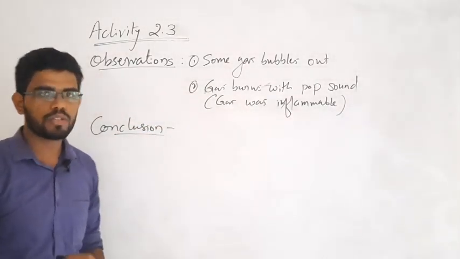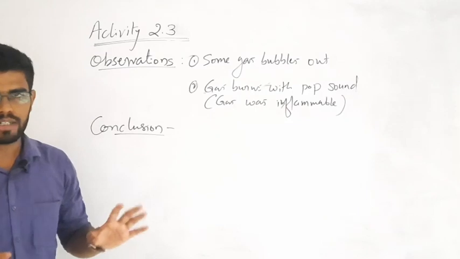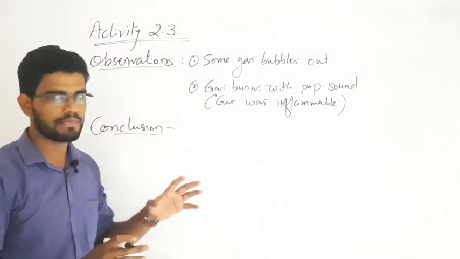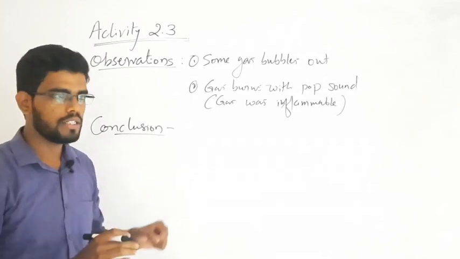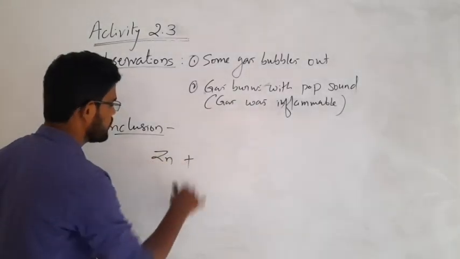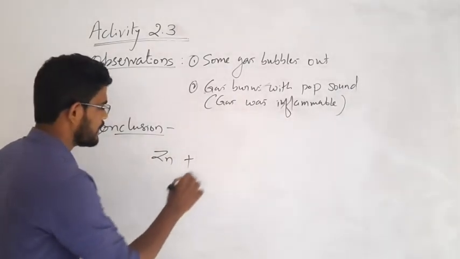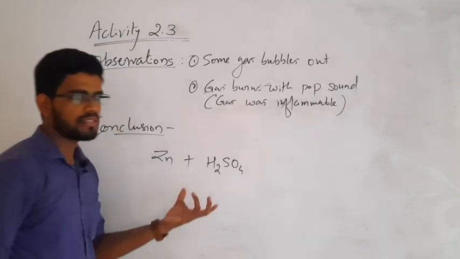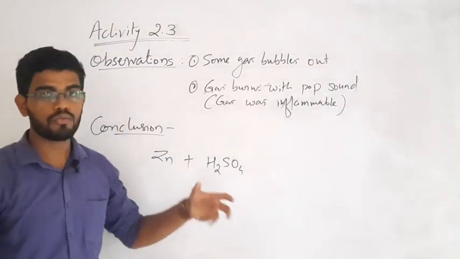Okay, to conclude any reaction, what is the trend we are following? Simply what all we had taken to start the experiment, that we need to take, right? So as we have seen in the procedure, we had reacted zinc with dilute H2SO4. Dilute means the acid in which a lot of water is added.